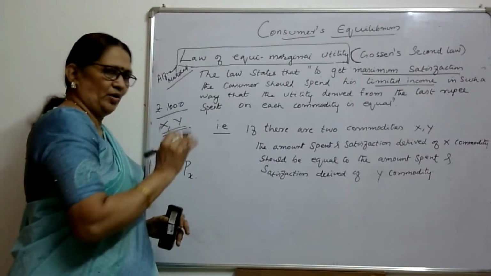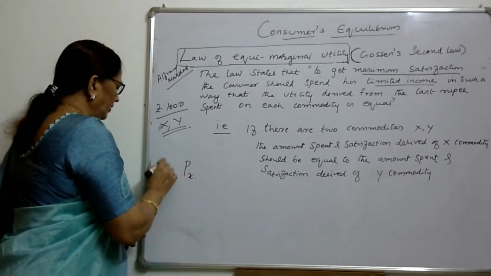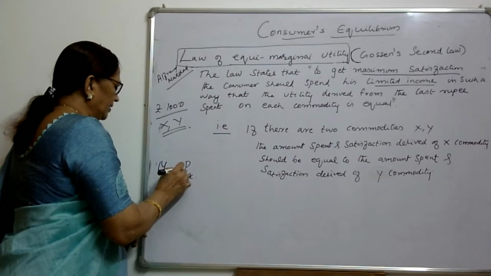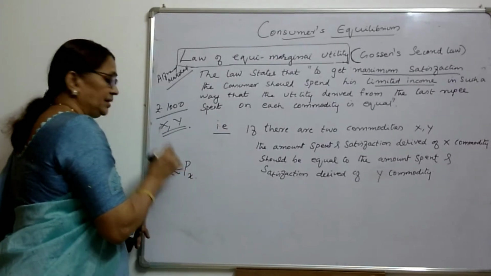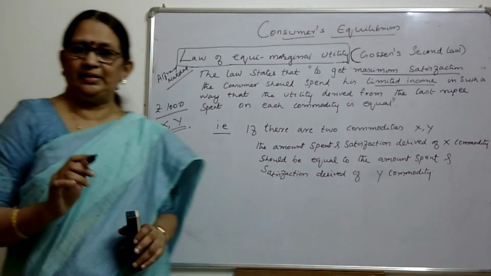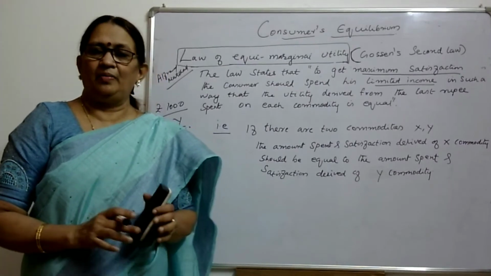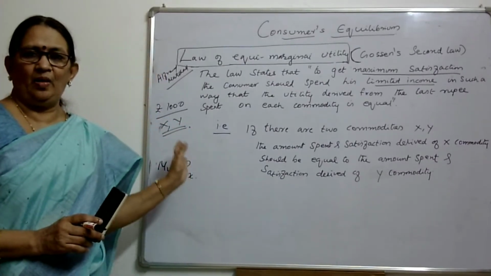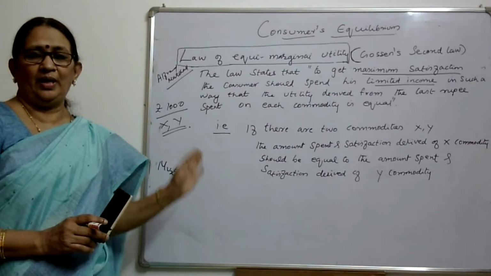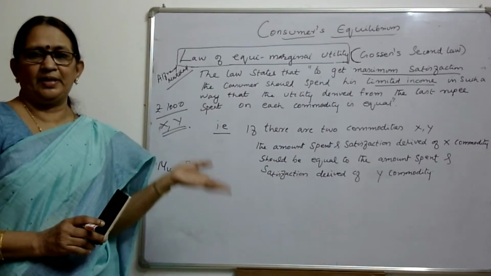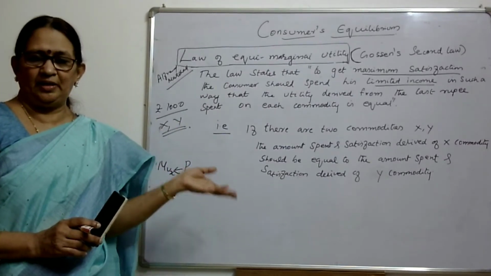That is, we have already done this, MU x. What is the marginal utility derived by spending 1 rupee on a particular commodity? Or what is the price of the commodity? The price of the commodity may be 2 rupees per unit.